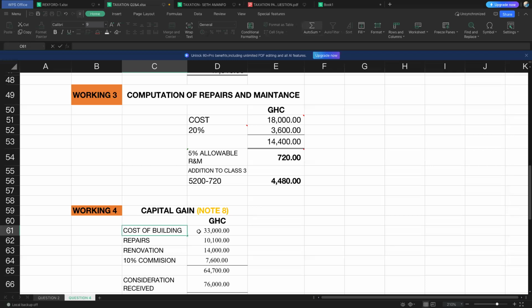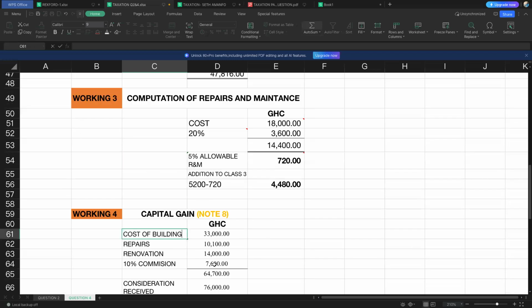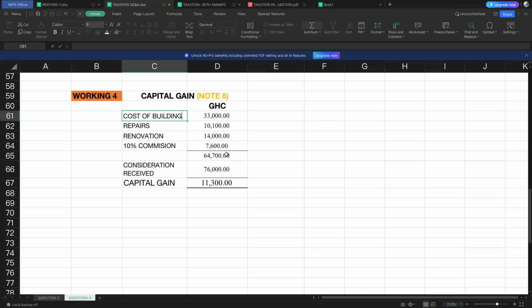So you add all the costs they incurred, and you get 64,700. Then the consideration they received was the money from selling the building, which is 76,000.